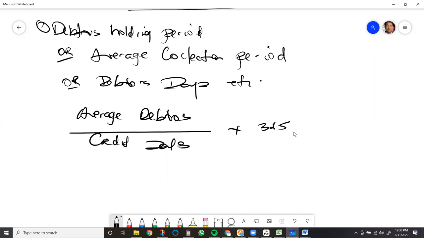But equally, you may be asked to calculate the collection period or the holding period in months or weeks. So it may be 365, or it may be 12, or it may be 52. Okay, you can do it. But usually the question would leave you in no doubt.